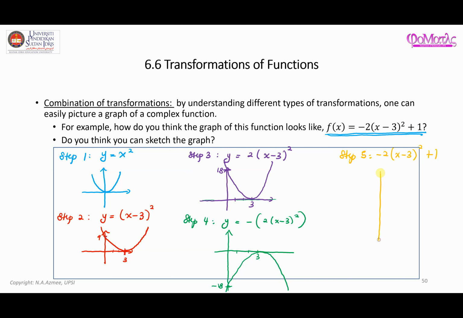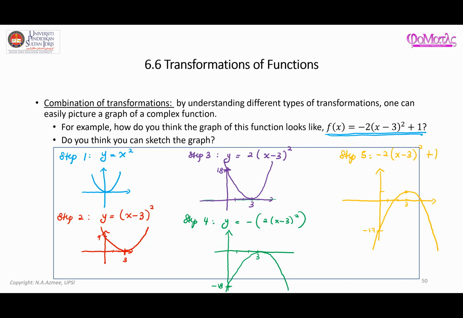So if I sketch the last graph, this is how it will look like. So negative 18 will be at negative 17. 1, 2, 3. So this is 3. This point here will be moved to 1. And so this is how it looks like.